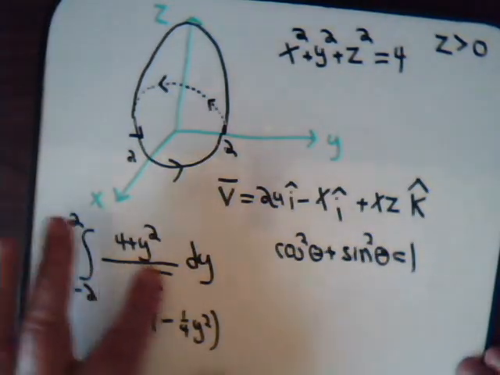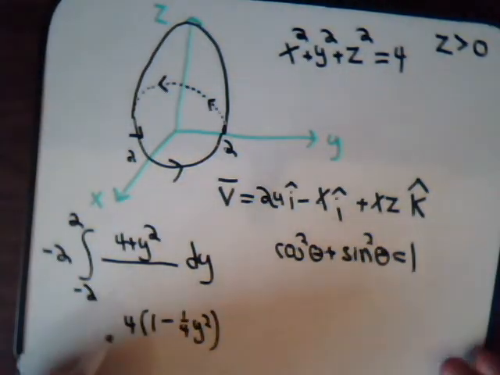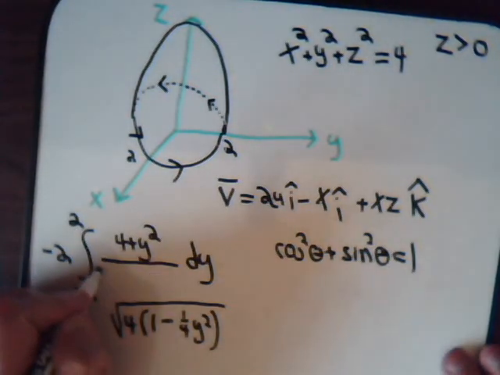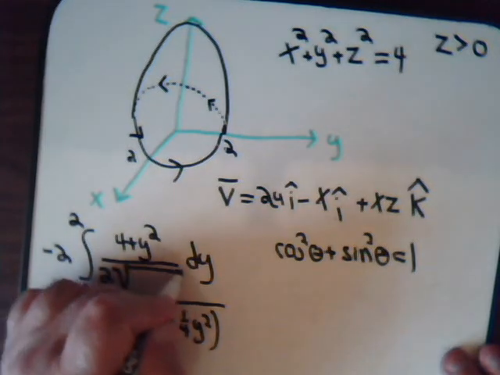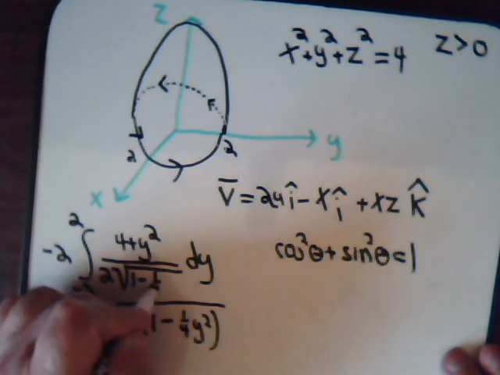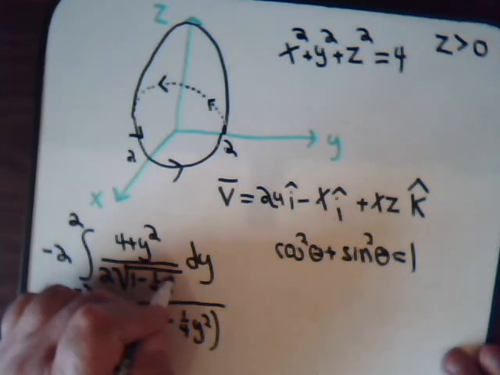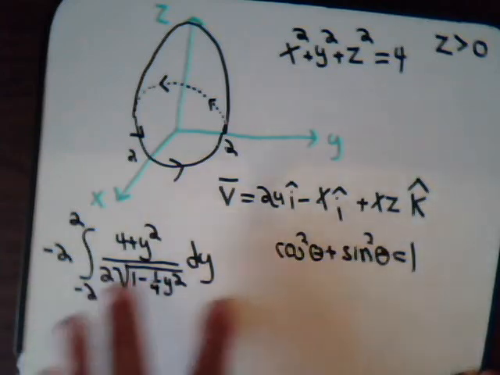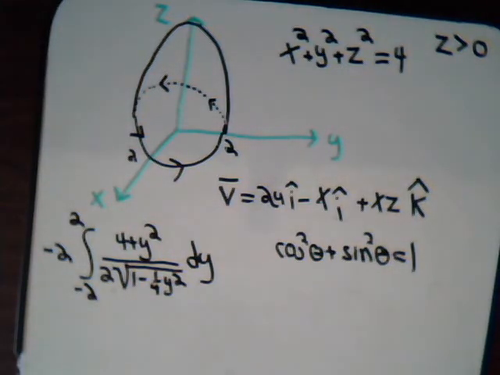So this will be, remember this is under the square root sign, take that out and we will have 2 times the square root of 1 minus 1/4 y squared. Now we should be set for a trig substitution.